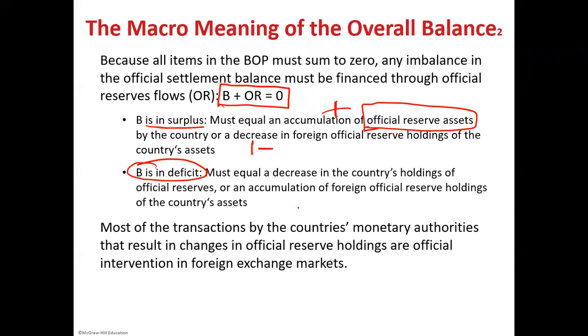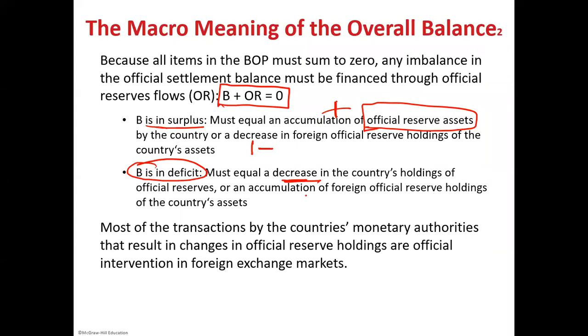In that case, what is expected to happen for Bangladesh? Bangladesh's holdings of official reserve is expected to decline. And the foreigners' holding of Bangladesh asset is expected to go up.